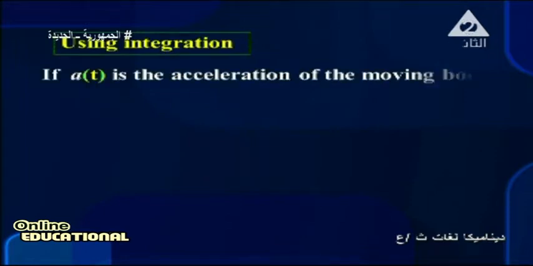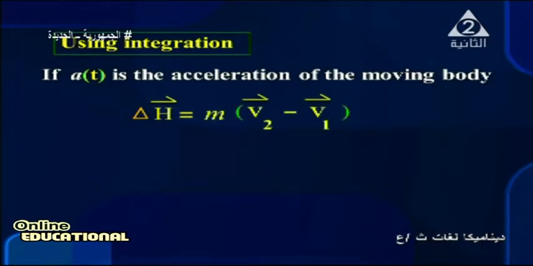Now we can use integration to find delta H. If a is the acceleration of the moving body as a function in time t, then delta H equals m times (v2 minus v1), the mass times the velocity vector v2 minus the velocity vector v1.